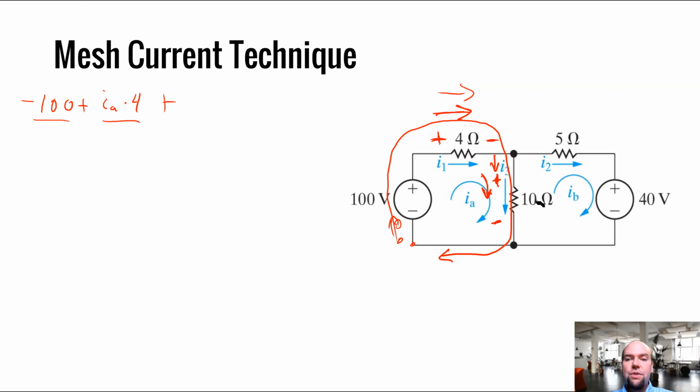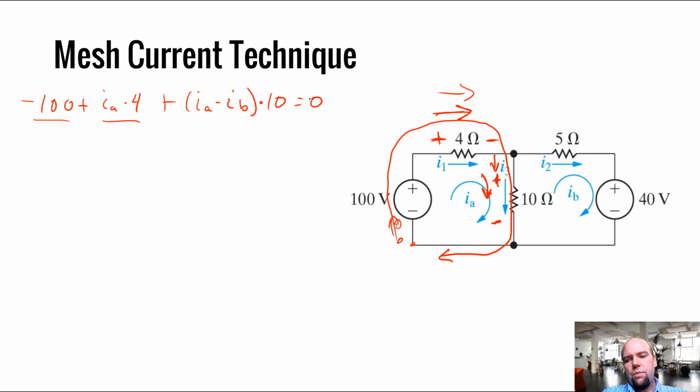So for the total current flowing down, I'm going to use IA minus IB. My total current flowing down is IA minus IB, and I multiply that by 10 to get the voltage drop. And all of that equals 0.